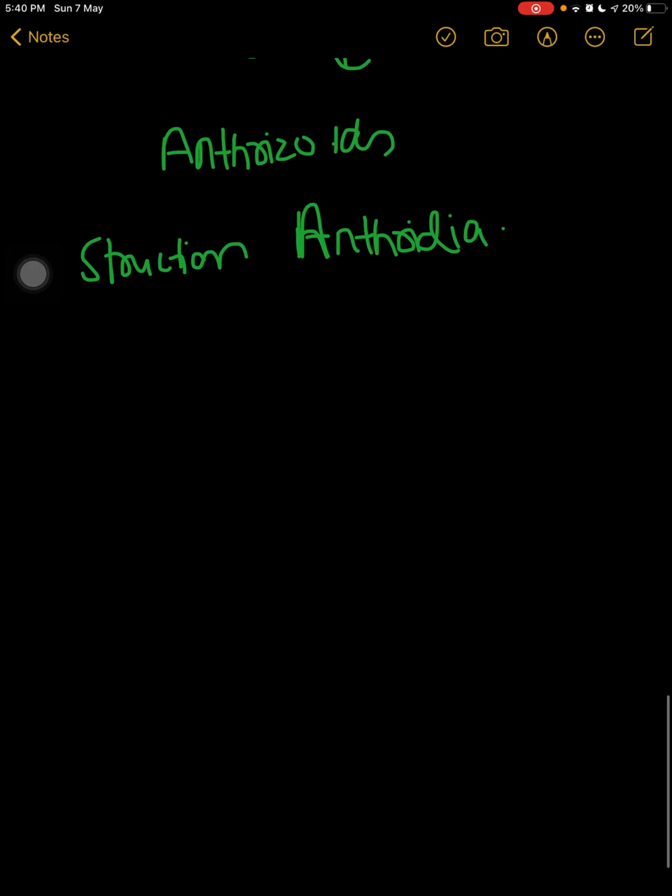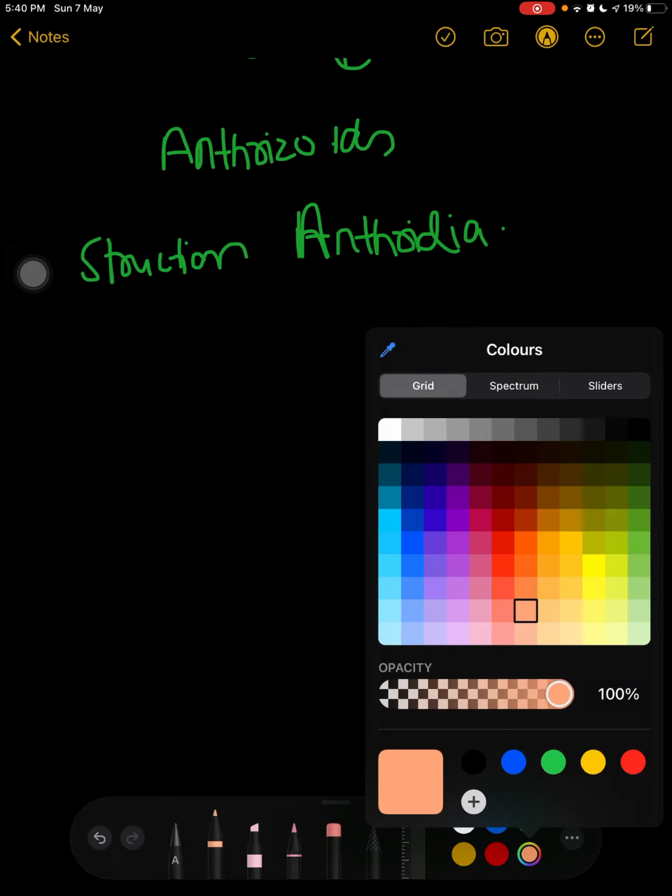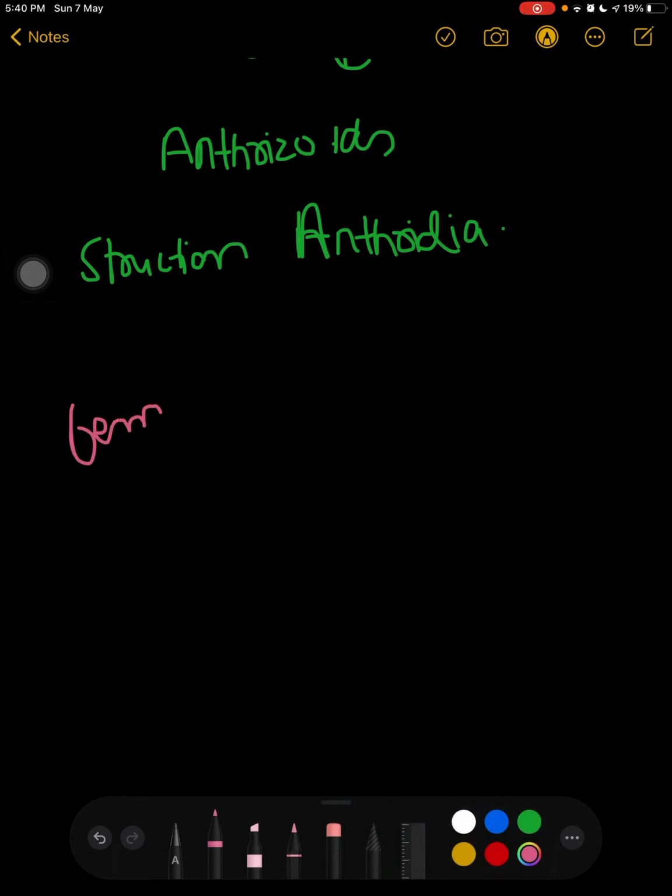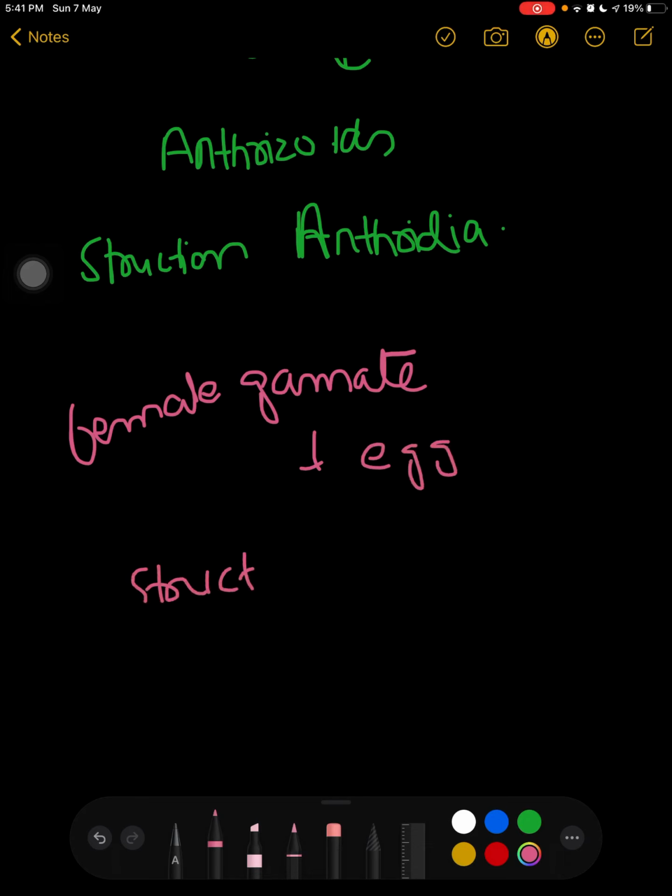If we talk about the female gamete, the female gamete is basically known as egg, and the structure is known as archegonia.